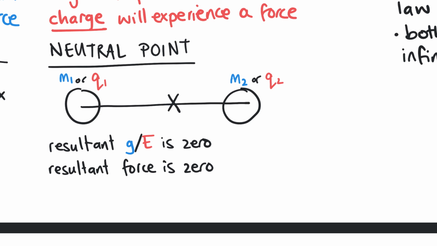If we apply that same logic to charges, that means that charge 1 is either attracting it with the same force per coulomb of charge as Q2, or it is repelling it with the same force per charge as charge 2. Therefore, we're only going to have a neutral point between two charges if both of those charges have the same type of charge. In other words, they're both positive or they're both negative.